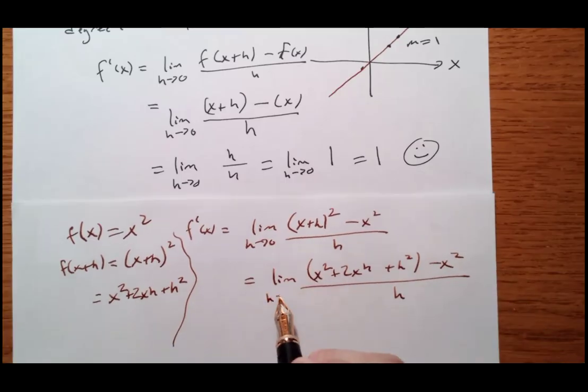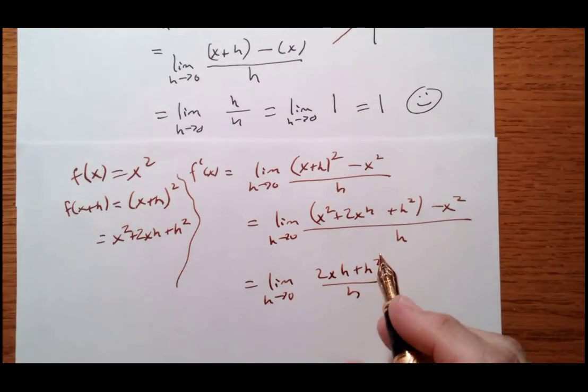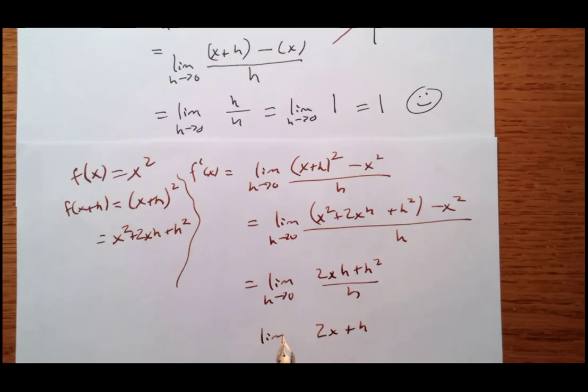And I'm left with 2xh plus h squared all over h. Oh, I can factor an h out of the top and cancel it. But now this h goes to 0, and regardless of what h is, this is just 2x.